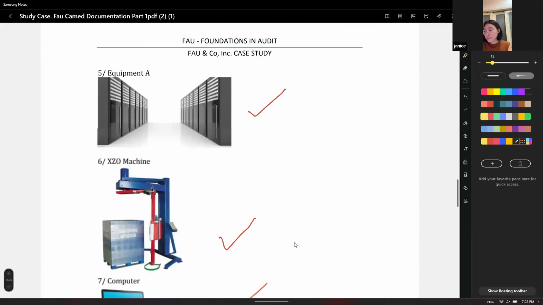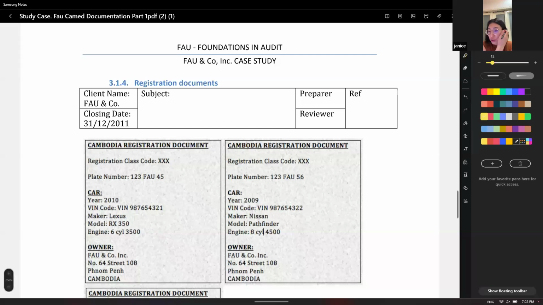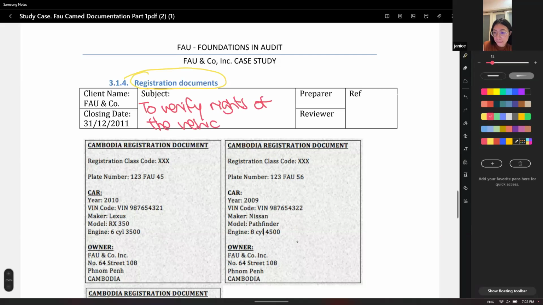So we call that a Cambodia registration document, all right? So the registration document helps us to verify rights of the vehicles. So the ownership.